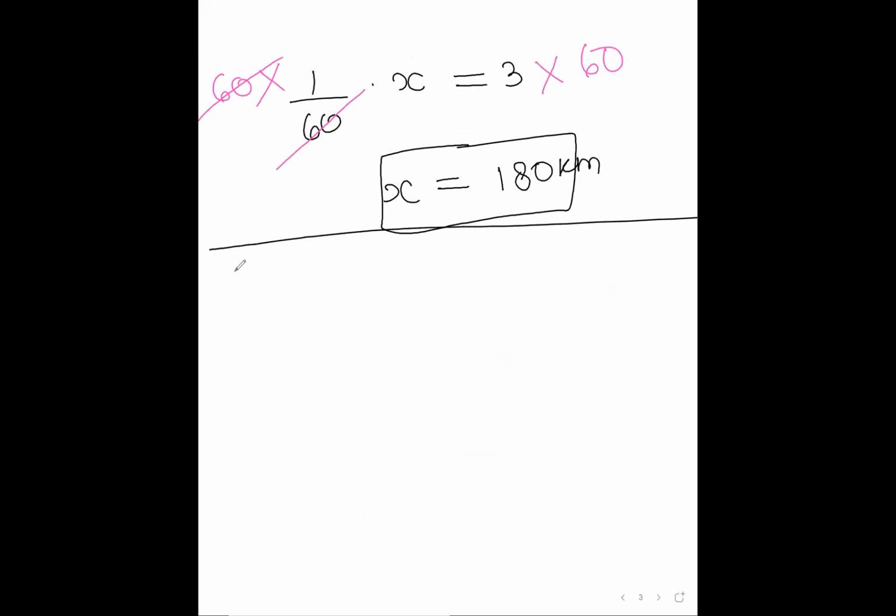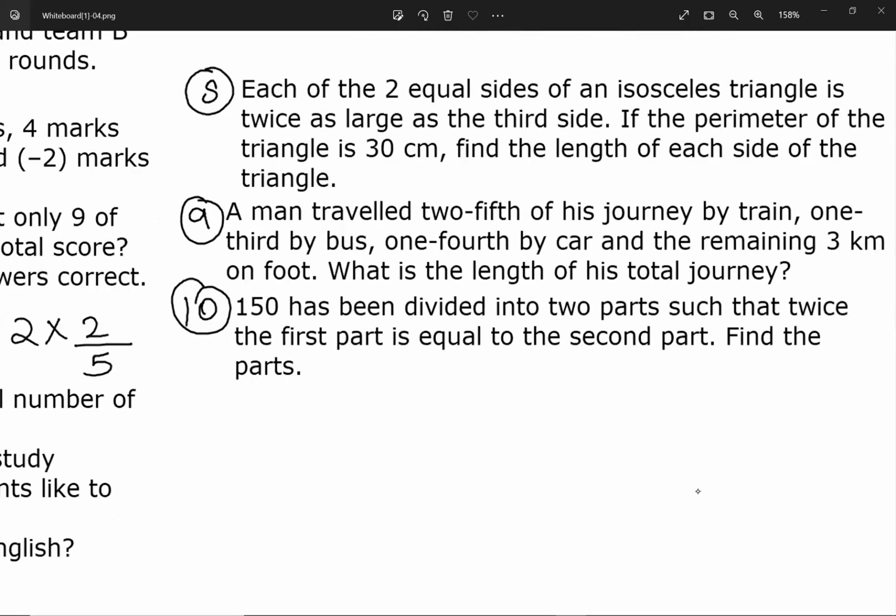Question number 10. Can you read it out? There were no questions after 9. I remember that there was a question, and I even gave you a hint on how to do it. The question was, let me share the screen with you. Can you see it? Do you remember anything from the 10th question?